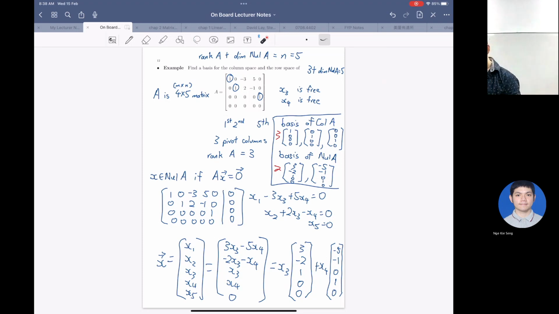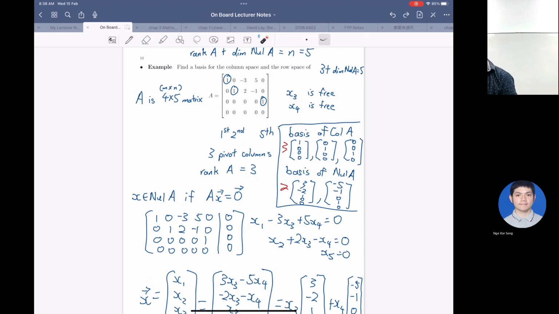Okay. And also you see that, something to observe here. You can see that this Nul A is actually different from Col A, in the space they live in. Col A lives in R4, and then Nul A lives in R5. Right? Okay.